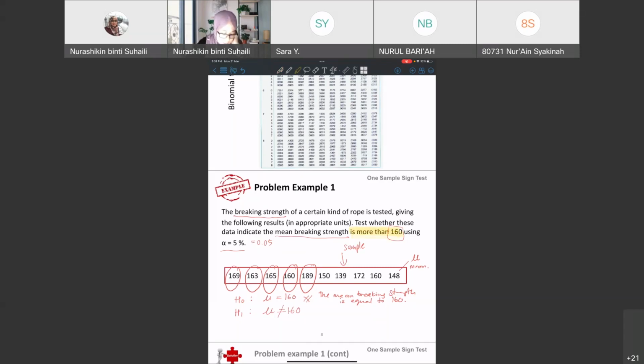So this one, not equal, is actually two-sided. By default, it should be not equal to 160. But if the question only asks one condition, more than, so you only consider one-sided. Means that instead of writing this, you just have to write more than 160. Okay? So sebenarnya this one lah yang alternatifnya.